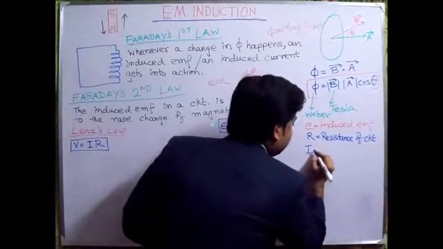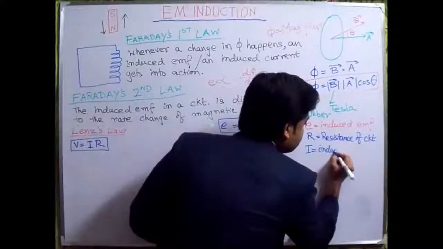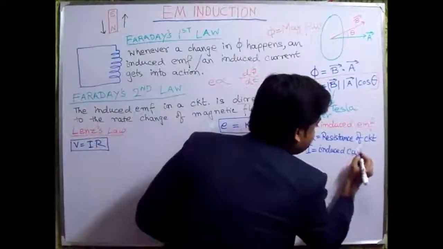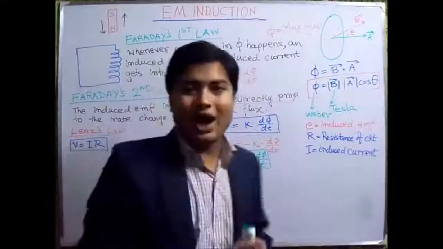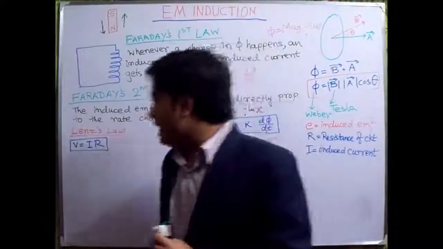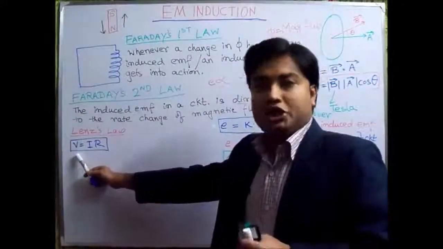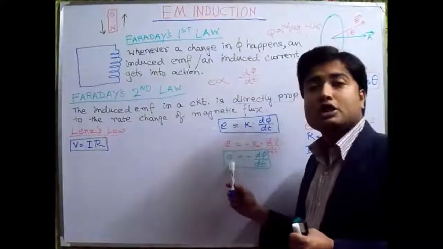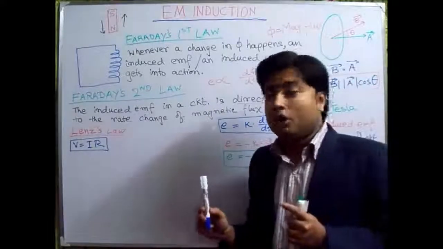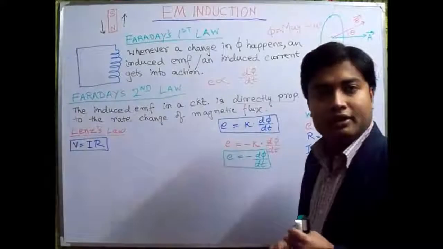And I is the induced current. Right. So you can see that this V, or the potential difference, is analogous to this E, or the induced EMF. So we can put IR instead of E, right?